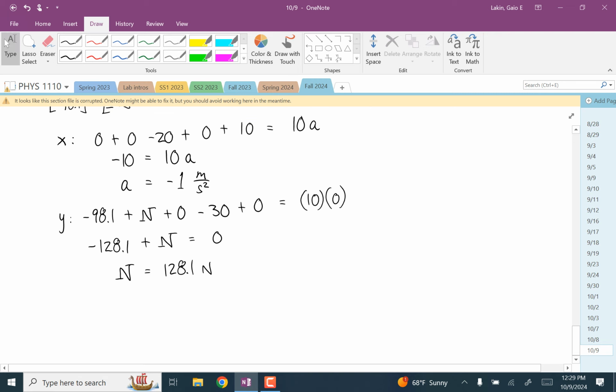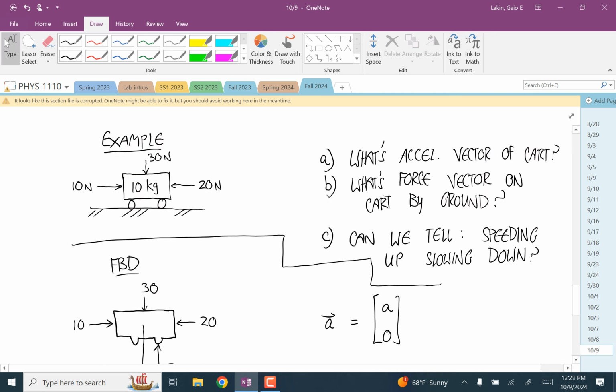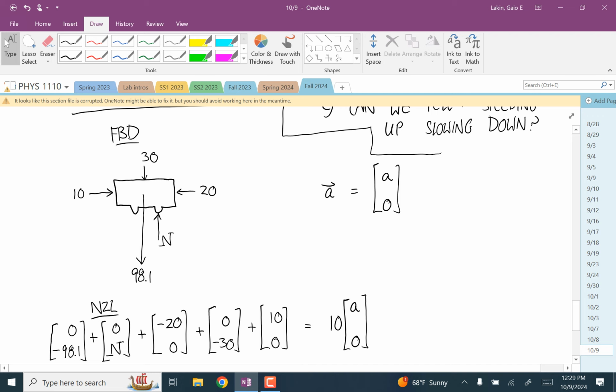Okay, so for part A, how are we going to come up with the acceleration vector? Well, remember, anytime it asks you for a force vector or an acceleration vector, you've already determined what those vectors are. You just didn't know all the variable values yet. So this is the acceleration vector once we plug in the value for a.